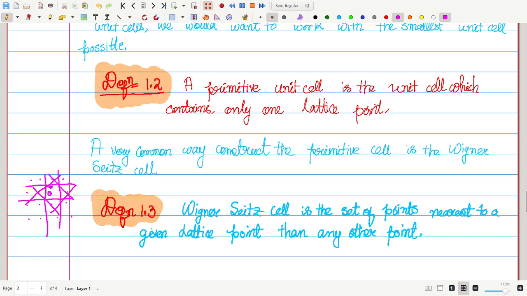So this area, every point in this area is nearer to the central point rather than the other points.